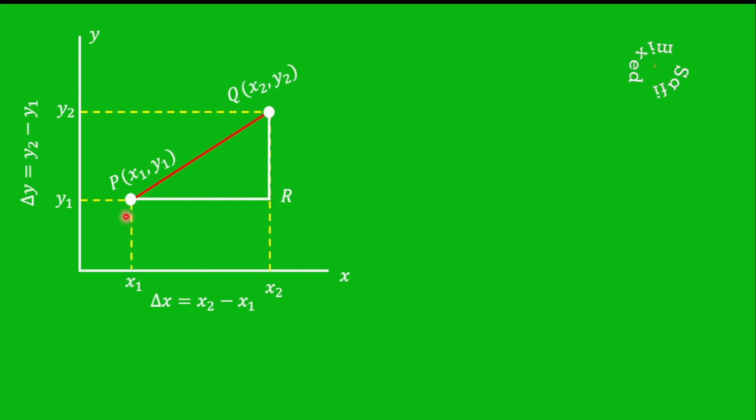And according to the Pythagorean theorem, the square of the hypotenuse equals the square of the base plus the square of the perpendicular. That is, I can write PQ squared equals PR squared, that is P to R, this distance, plus the distance from R to Q. So I write that as RQ squared.